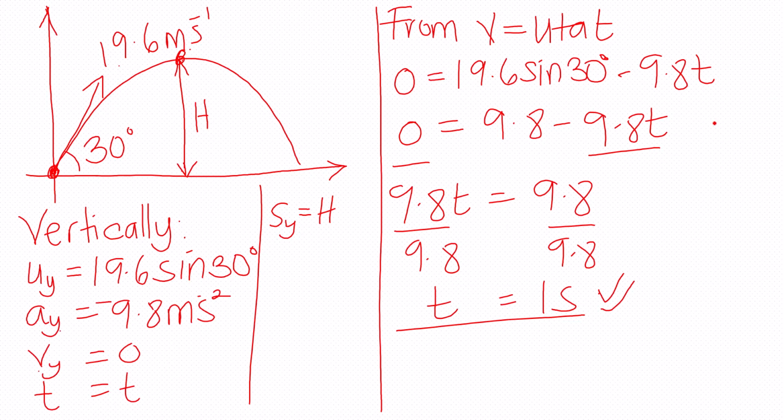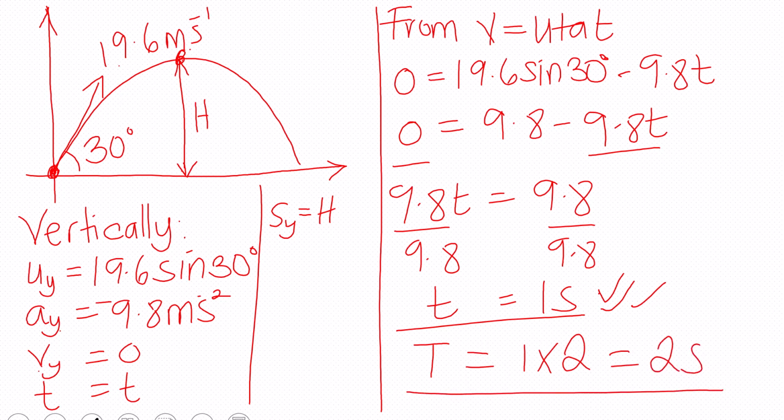Time to reach this point is 1 second, and the total time of flight will be 1 times 2, which gives you 2 seconds. So let's now calculate the maximum height using the same information for y.